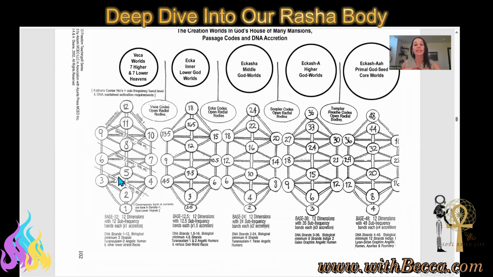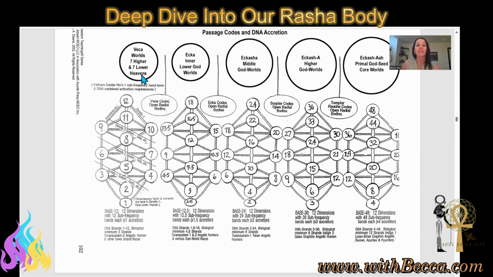We're not going to dive too much into these structures, but we're going to see graphs of how these Veka worlds work, so we live in something referred to as a Veka world. Many of us may have heard the term Eka Veka. An Eka Veka system is the next structure up, which incorporates not only the 7 lower heavens and the 7 higher heavens, but also the inner God worlds.